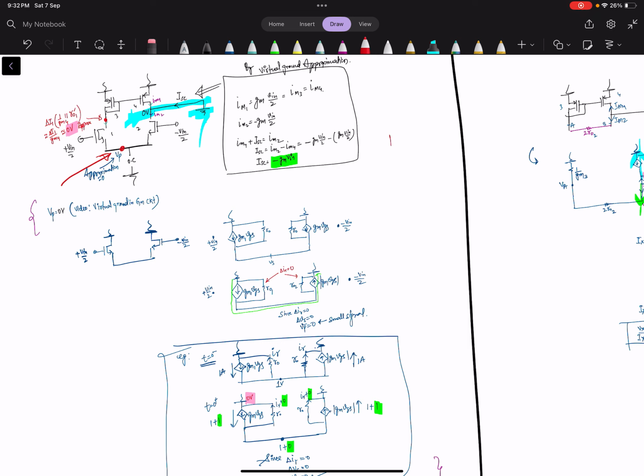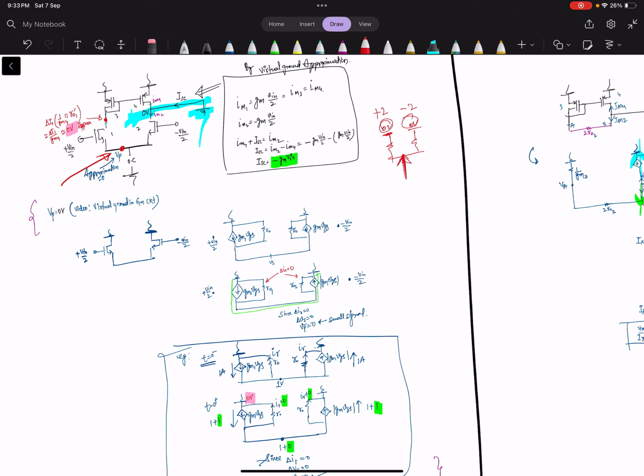In part 1 of virtual ground I explained that if both potentials are 0, then this will be 0. And in the second part I explained that if the delta change of plus and minus is equal and opposite, then also this will be 0.